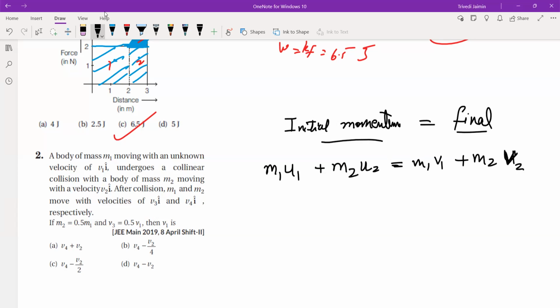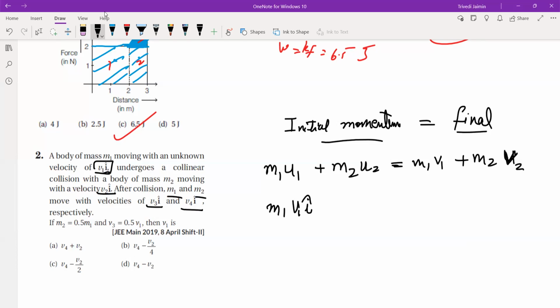Right. Now, what things are given? This one we have, this one we have, and V3, V4. So M1 as usual. U1 we have, that is V1 I cap, it's given here.